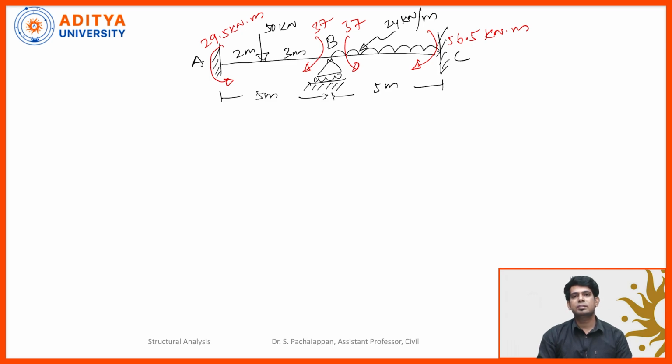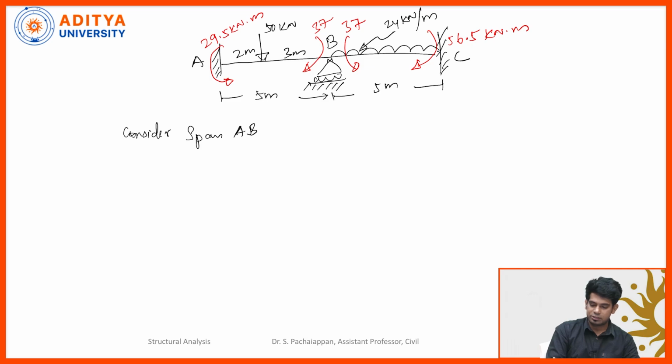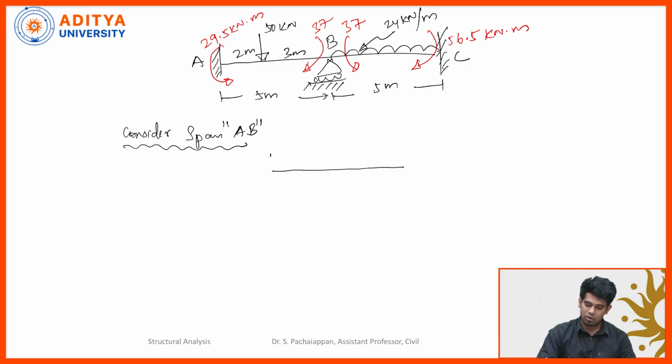For simplification, we will go span by span. First I am going to consider span AB. I am just going to draw the span AB alone here. In the span AB, we consider all the fixed supports because we computed the moments, and then mark those moments.